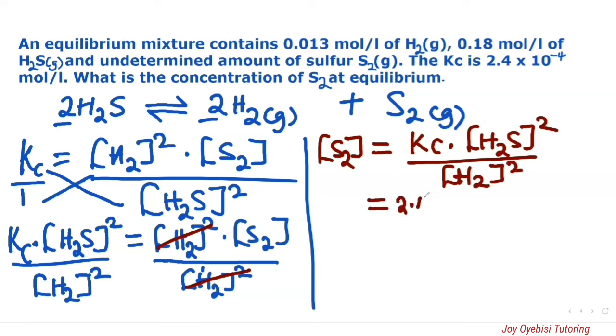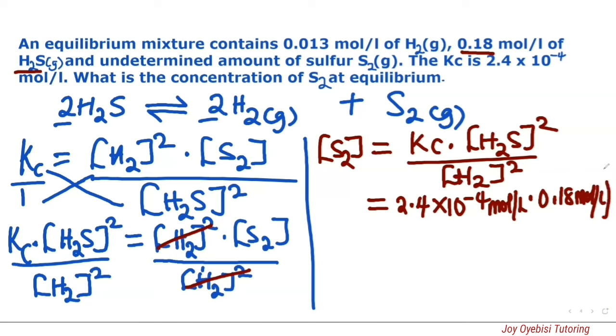Now we're going to go ahead and put in the values. So 2.4 times 10 raised to the power negative 4, multiplied by the concentration of H2S, which in this case is 0.18 mole per liter, squared.